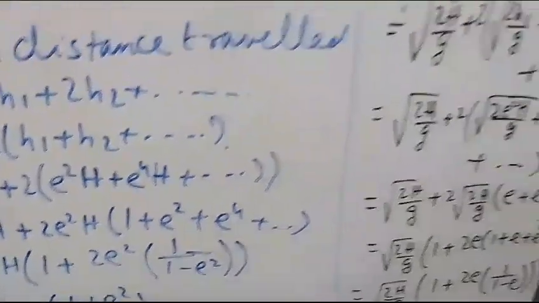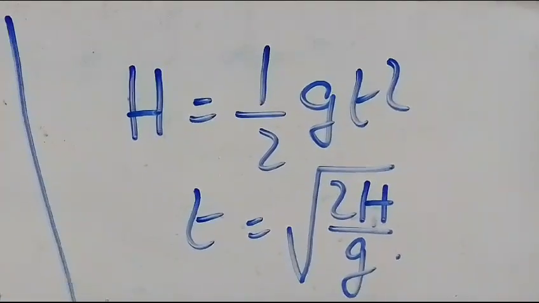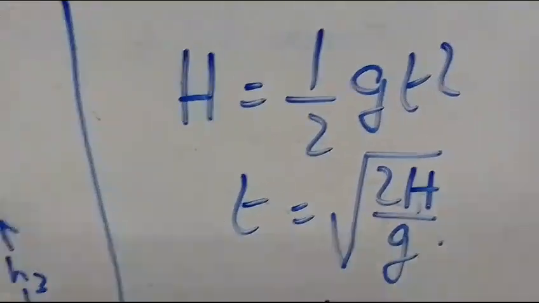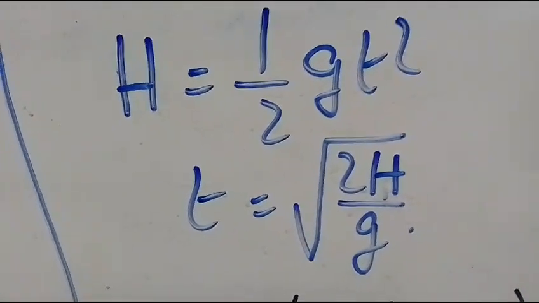Now coming to the total time it has taken, we use the equation H equals half g t square. Let the time taken by the ball to fall from height H to the ground be small t.